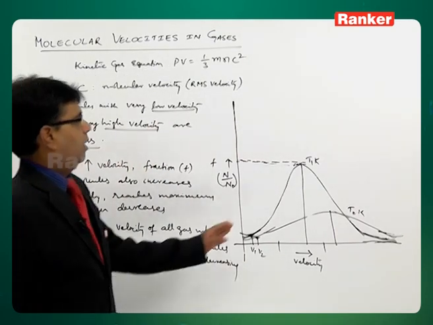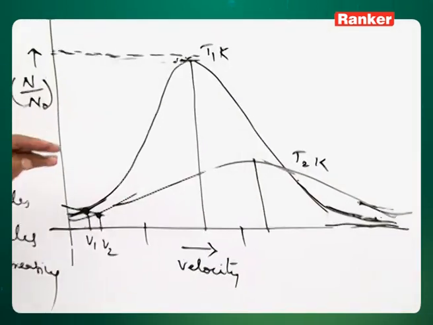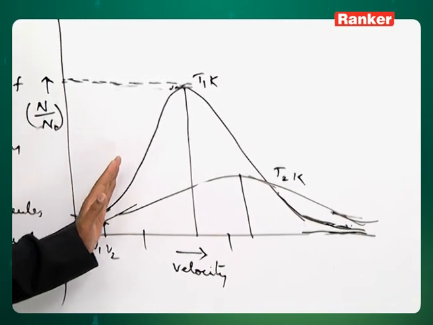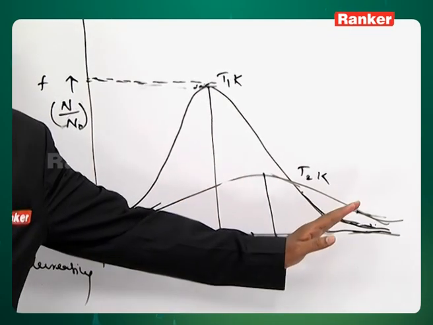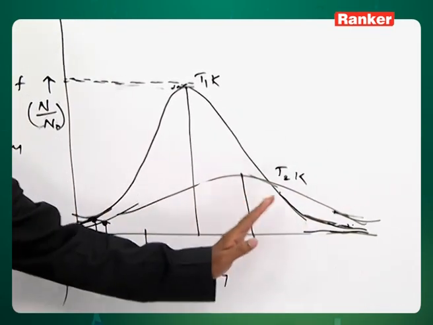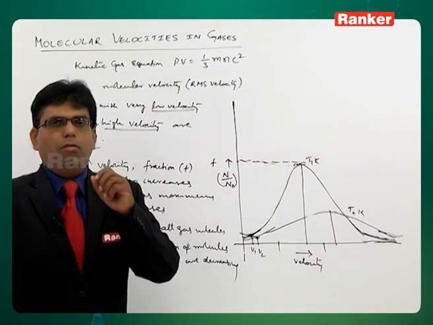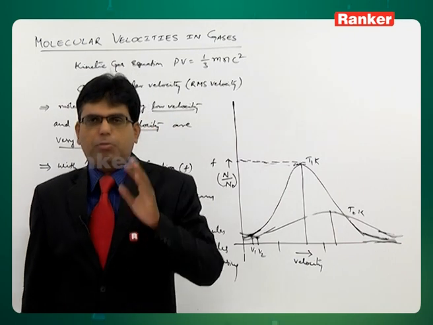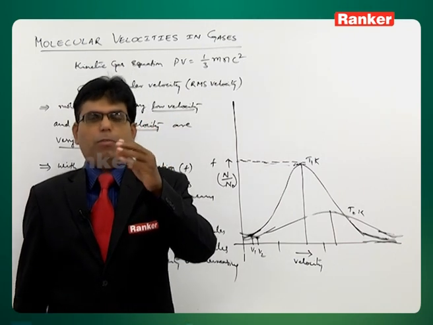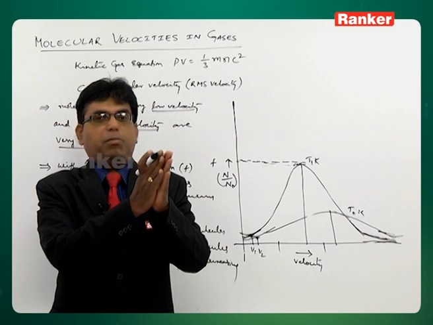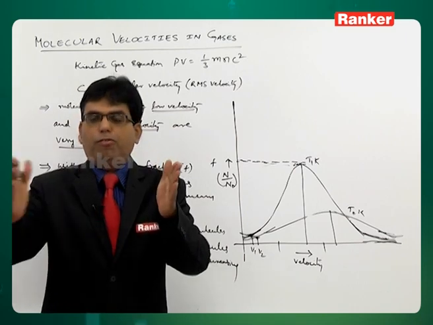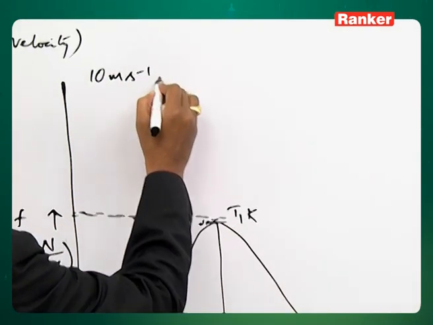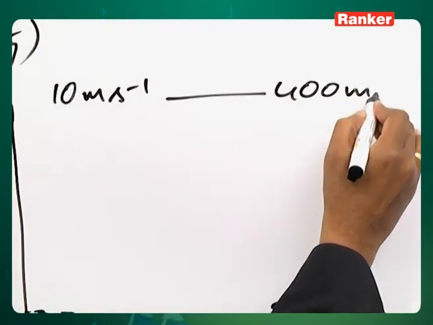Now from these things, the difficulty is that the velocities of molecules have a very wide distribution. So if you are giving one particular velocity, for example 100 meters per second, for the gas molecules, suppose the velocities range from 10 meters per second to 400 meters per second.